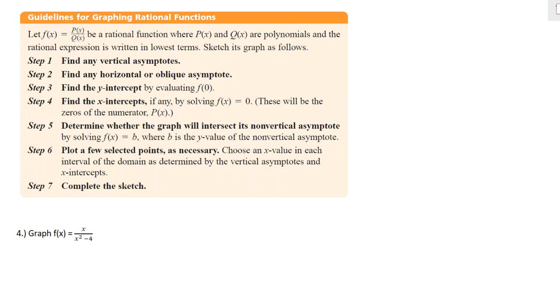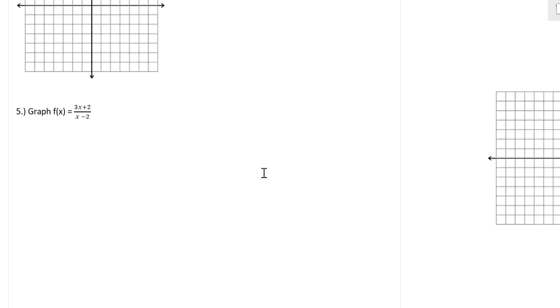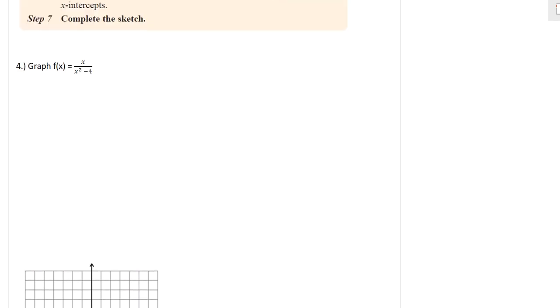number 4, which says graph f of x equals x over x squared minus 4. Now you'll notice the degree is higher in the denominator, so that's going to tell us it's going to have vertical and horizontal asymptotes and no oblique.